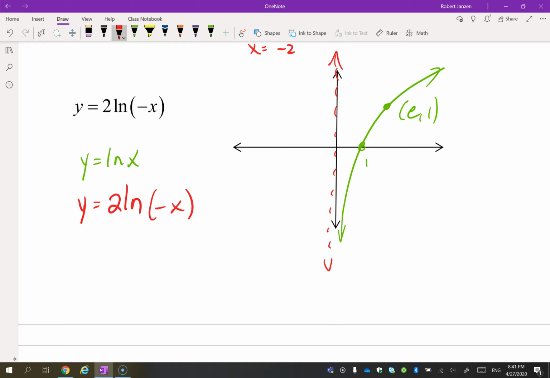If I stretch the y-intercept by 2, it doesn't change. Flip it horizontally, it becomes negative 1. If I take this point right here, if I multiply it by 2, it's going to become e, 2, but then it's going to flip, so it's going to go to negative e, 2.